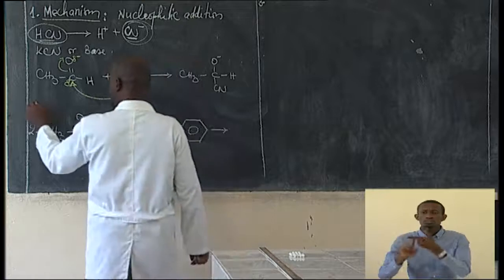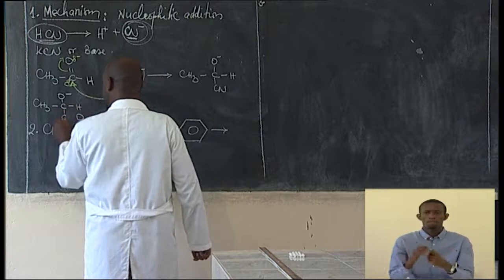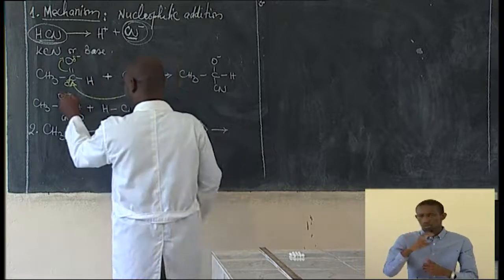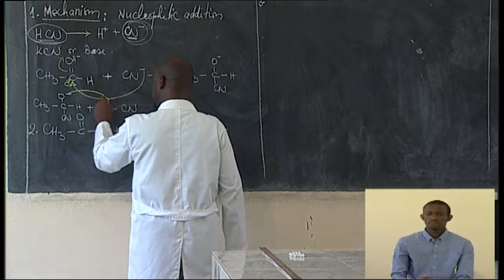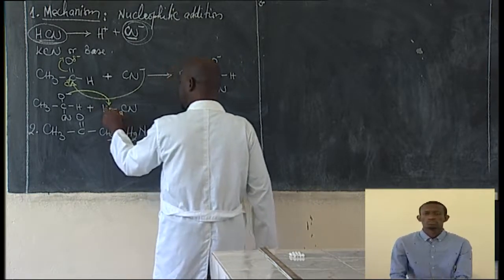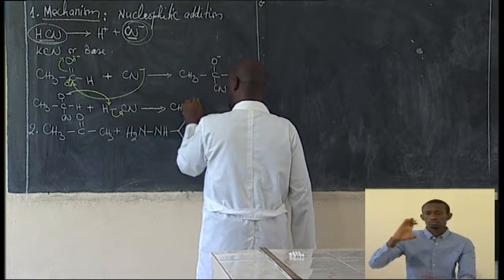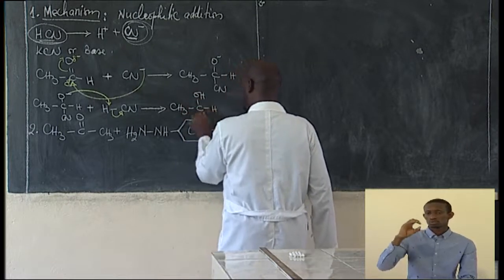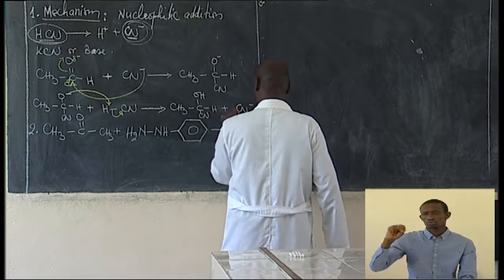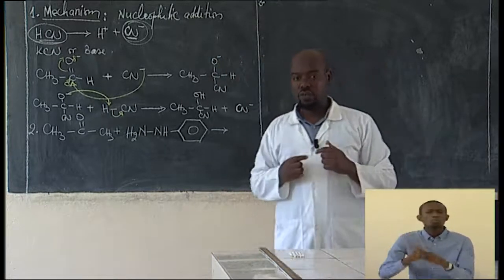In the second step, the intermediate, the O- will attack HCN and take the hydrogen, while the cyanide ion takes the lone pair, and we produce CH3CH(OH)CN plus CN-. That is the mechanism we call nucleophilic addition.